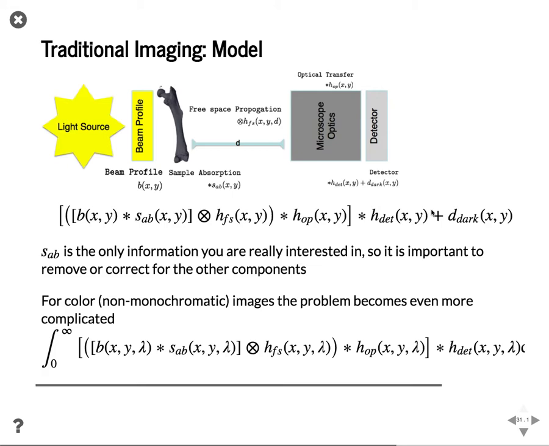So that when you want to go from the beginning to the end, you end up with this big, ugly formula for trying to figure out what your output is given your sample. And so all of these different things kind of destroy or change your image on the way. And so those are the things that you need to kind of undo.